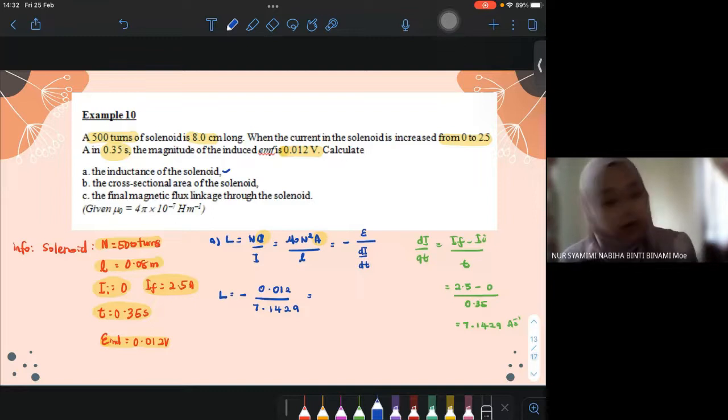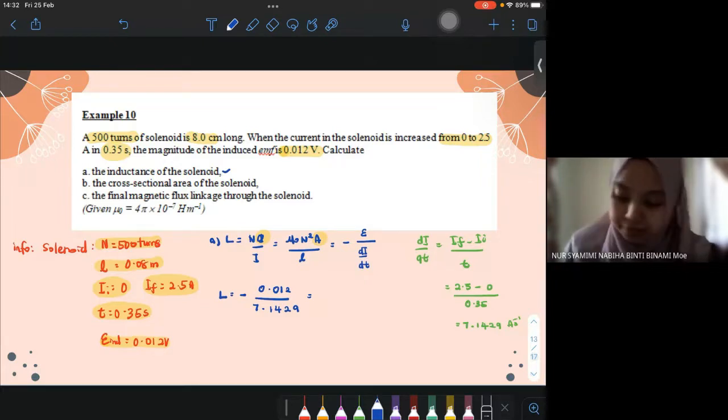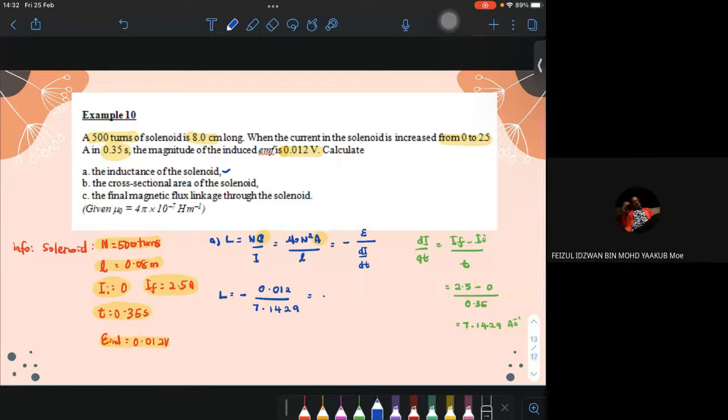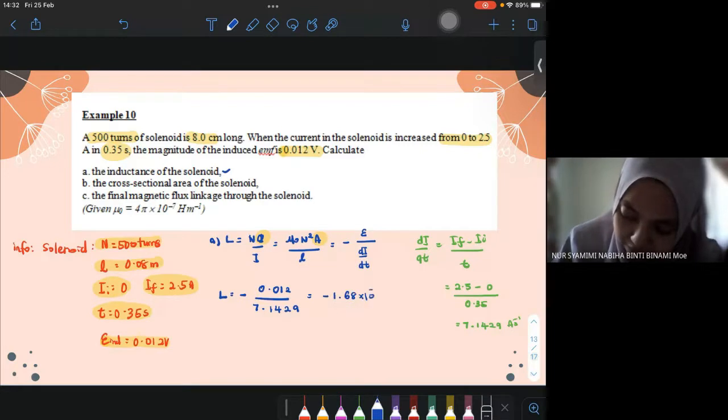Kita dapat answer di sini: negative 1.68 exponent negative 3, and the unit is Henry.